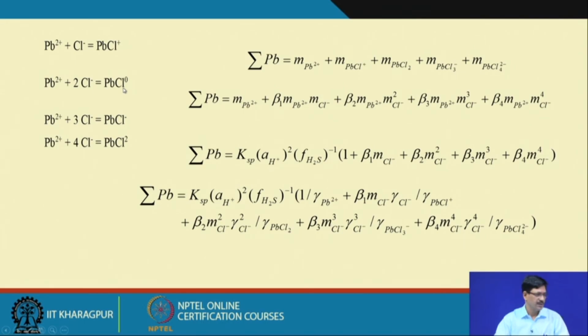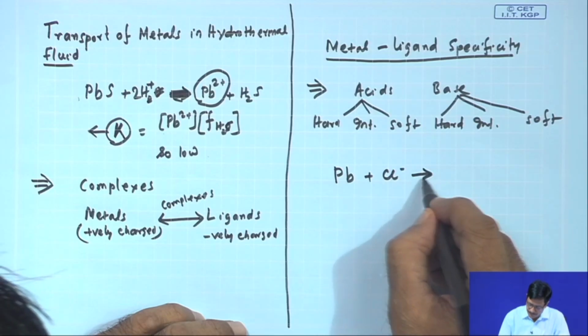This is actually PbCl2. There is a mistake there. So, Pb2 plus plus 2Cl minus gives PbCl2 0, and in this case, so I just correctly write it out here.